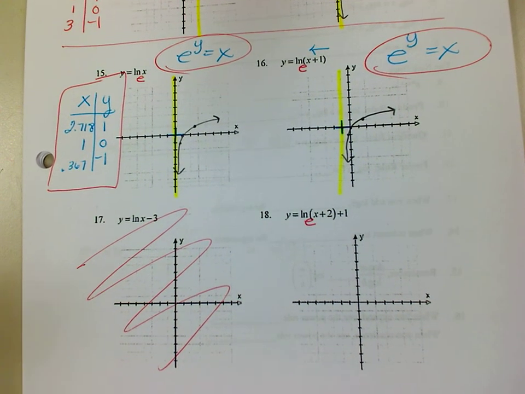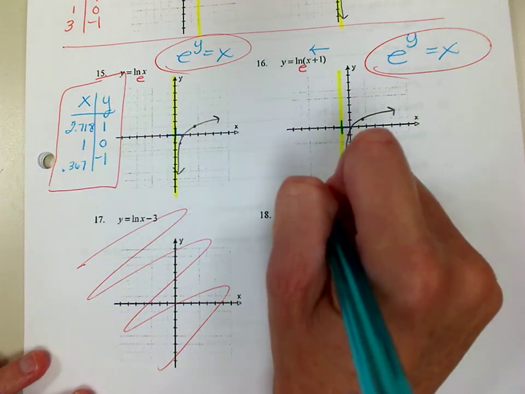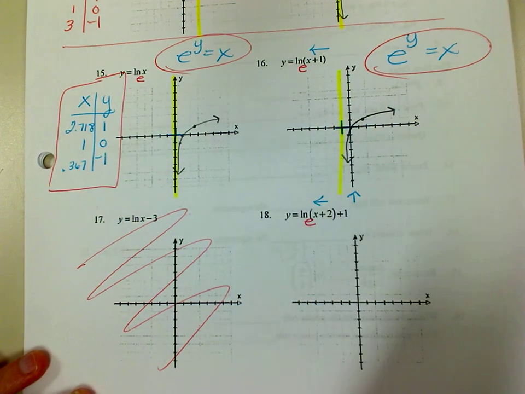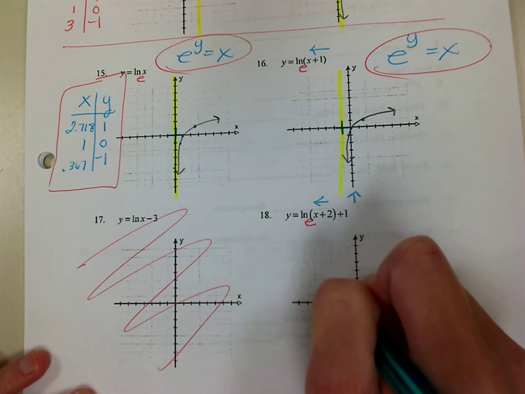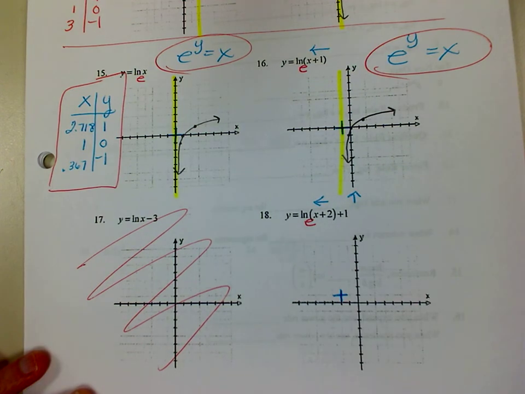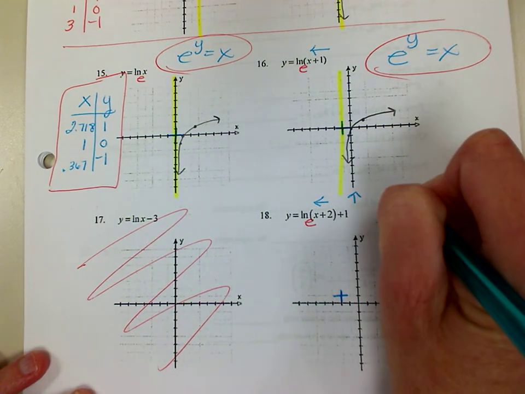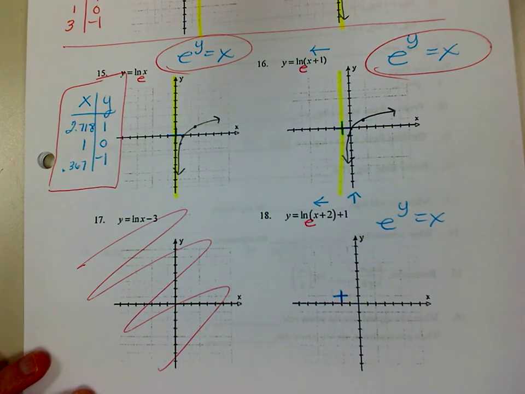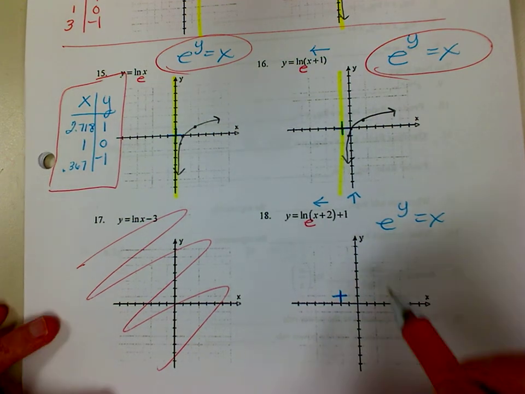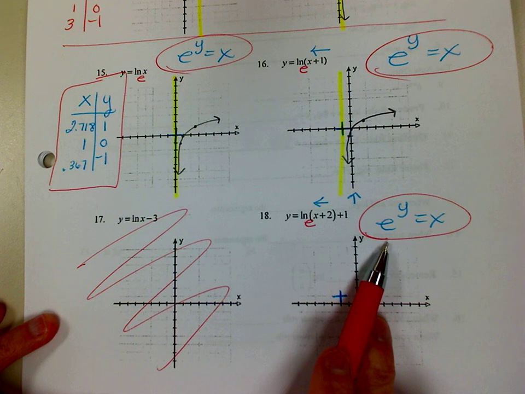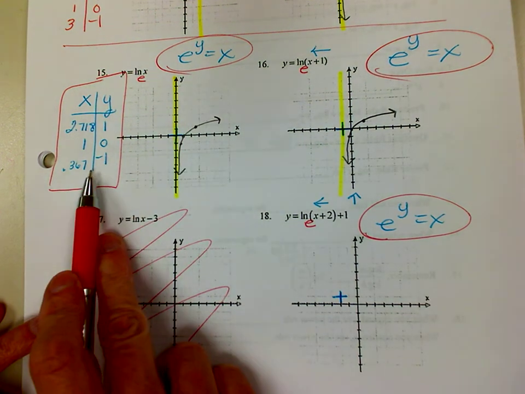Okay, I crossed off 17, if I didn't mention that already. First I have to translate. I'm going to go to the left 2, and then up 1. That's my new origin. This again becomes e to the y equals x. Again, since this equation is the same as these two, I'm going to use the same table.